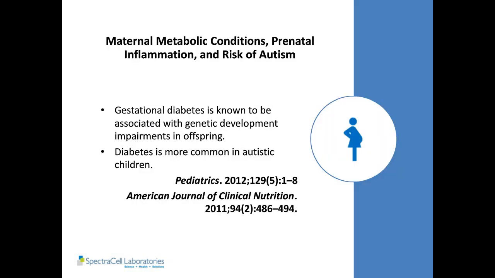Women that suffer with gestational diabetes, we know that this may set off some issues down the road. And we know that, once again, diabetes is more common in autistic kids. So the pregnancy status of that woman has a huge impact, as we all know, down the road.